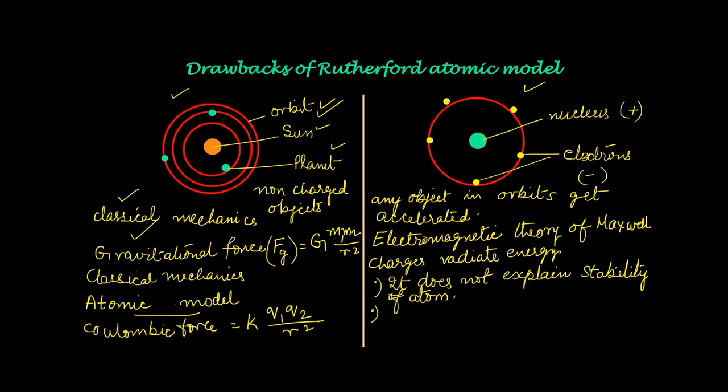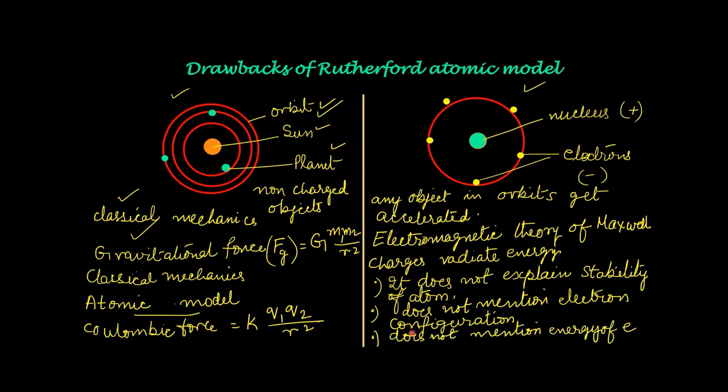Another drawback is that it does not mention electron configuration, that is, how electrons are distributed in the orbits. Another thing is, it does not speak about the energy of the electron. These shortcomings were later explained by Bohr.